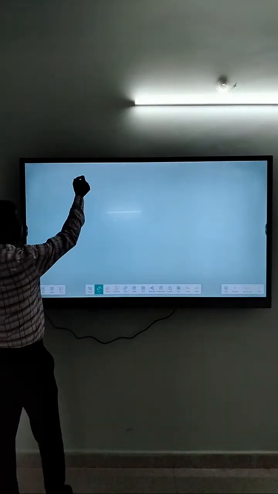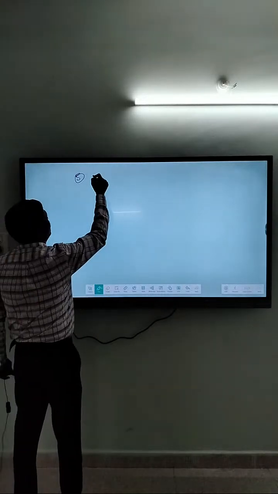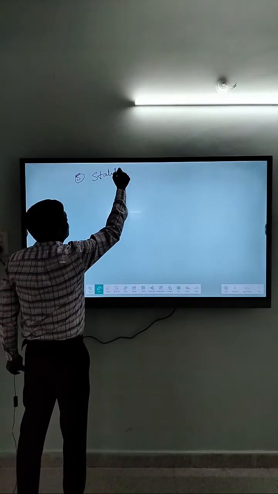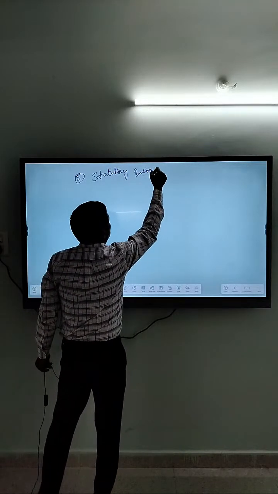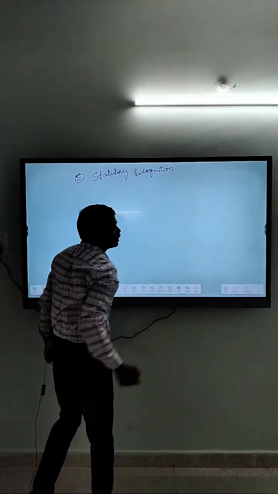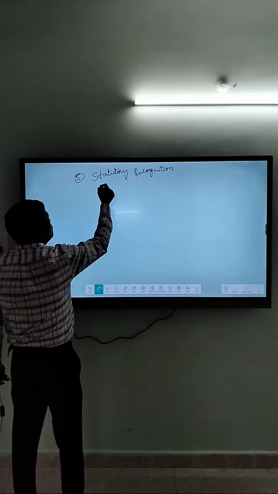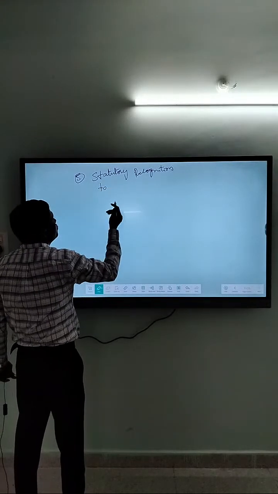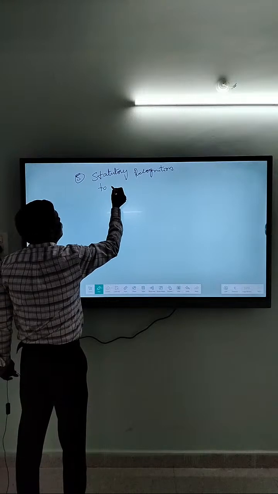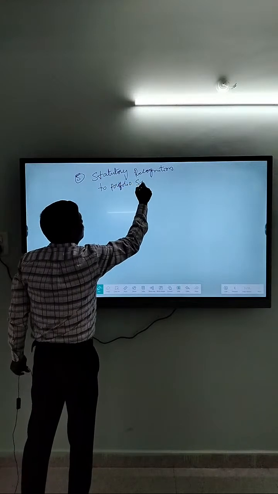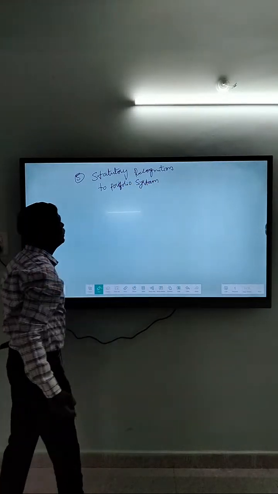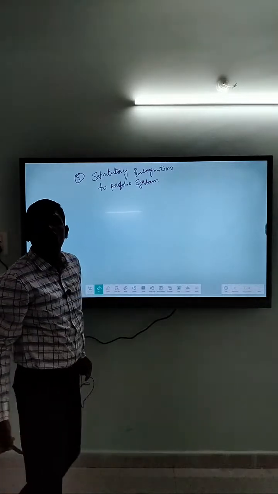Next, the 1861 Act has provided statutory recognition to the portfolio system.